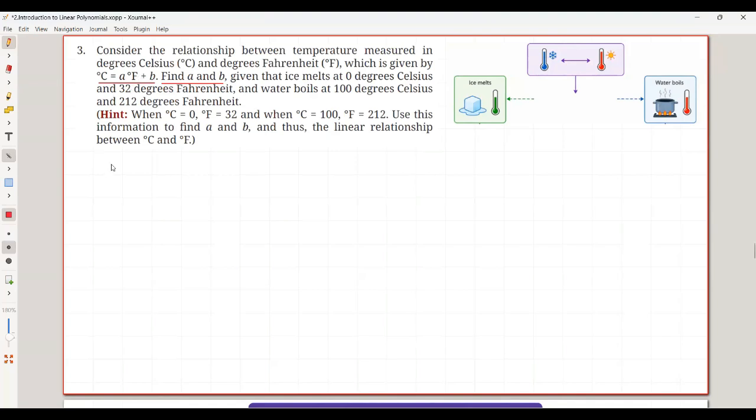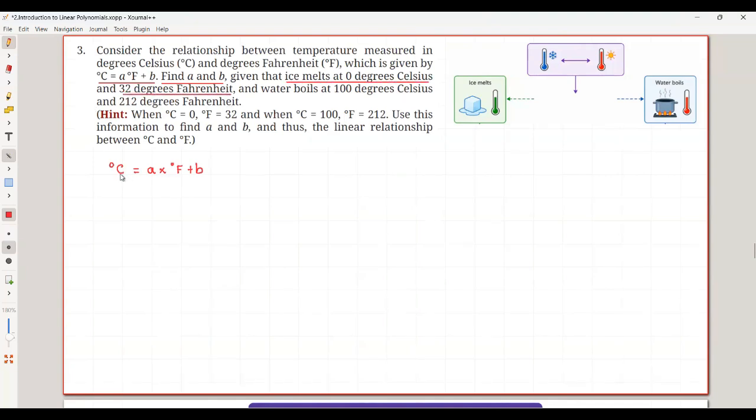First I'll write the given condition: degree Celsius is equal to a into degree Fahrenheit plus b. This is the condition given in the question. Now for ice: ice melts at 0 degrees Celsius and 32 degrees Fahrenheit.